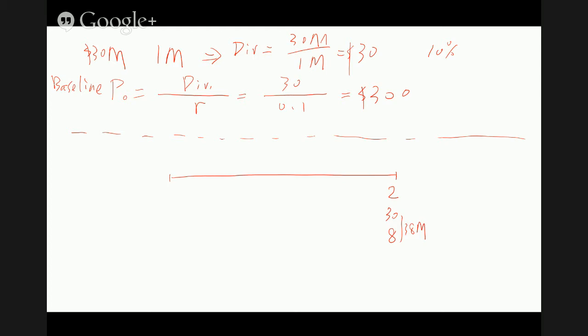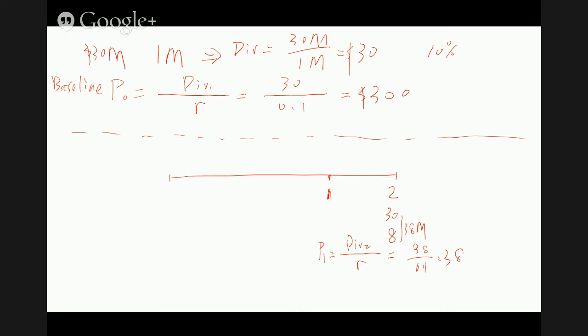of cash flow. And then based on these, because we don't have any growth, we will have a stock price P1 equal to the new dividend discounted by the 10% discount rate. So it's 38 divided by 10%.